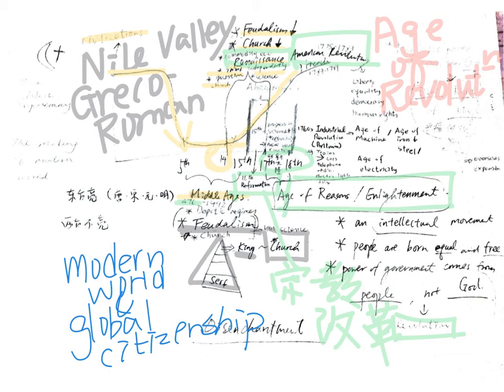But based on the American Revolution, it brought about some major ideas that are still influencing us today, like the ideas of liberty, equality, democracy and human rights. We still believe in these ideas in our modern world, right?